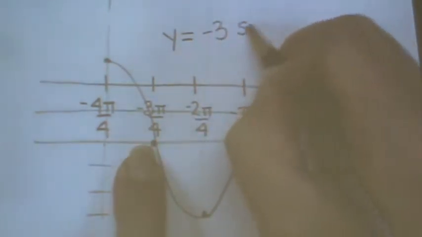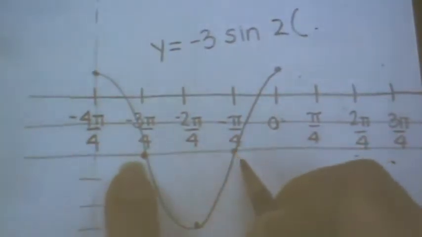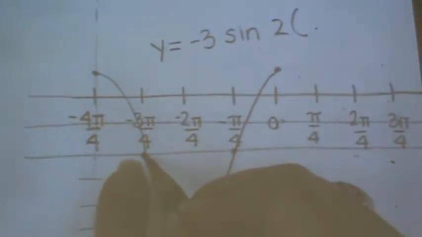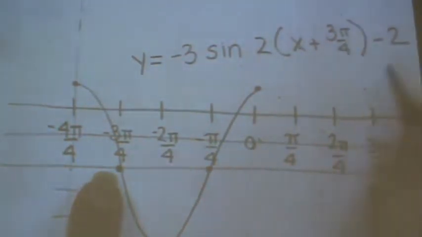It stays the same, but it's going to be a negative 3 here. This is going to be the sine curve because it's upside down. See how it's going upside down? Your B value is going to stay the same. It's 2. And this is a phase shift, if I started here, this would be x plus 3 pi over 4, and then minus 2.